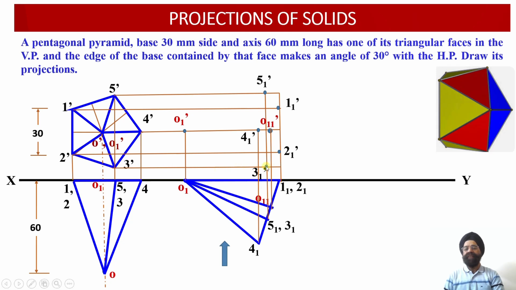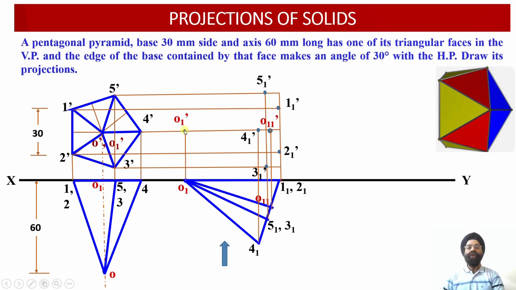So all these 7 points corresponding to this pentagonal pyramid, for which one of the triangular surfaces is contained by the vertical plane, have been identified. Now we have to join 1 1 dash, 2 1 dash, 3 1 dash, 4 1 dash, 5 1 dash and 1 1 dash.